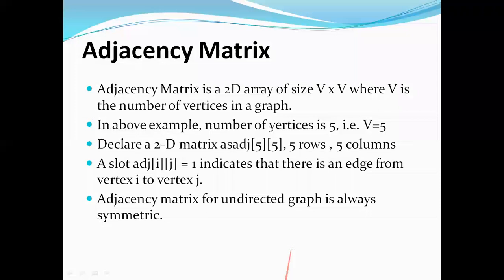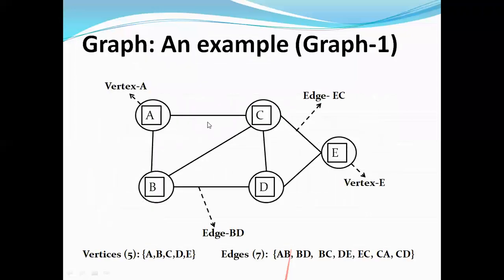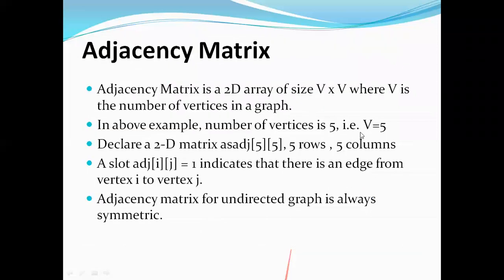In the above example, the vertices are 5, so you can see there are 5 vertices over here. Then the two-dimensional matrix will be 5 by 5. We declare the 2D matrix as 5 rows and 5 columns, and a slot will become 1 if there is an edge between two vertices, and 0 if there is no edge between two vertices.